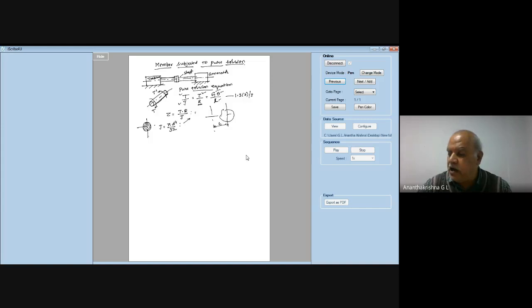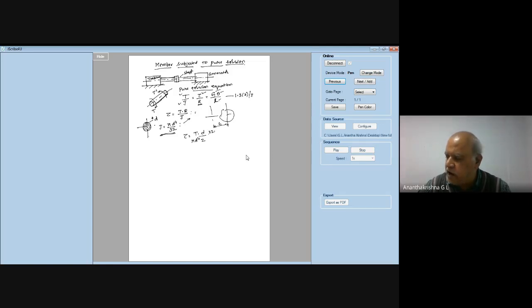Where were we? J is polar moment of inertia and R is radius of shaft. So my shear stress is going to be T into R, where if I take this as diameter D, R is D by 2, and J is pi d^4 by 32.